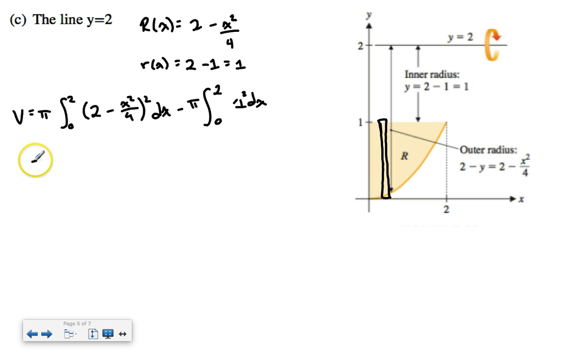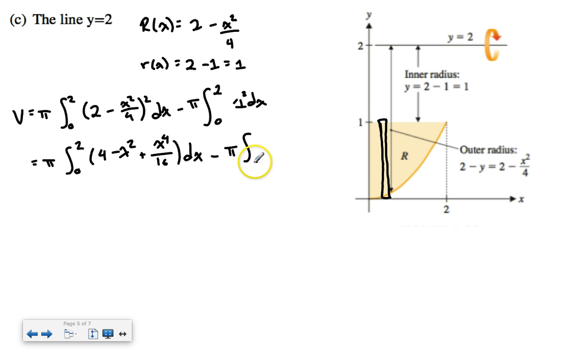All right, so let's deal with the unfortunate part, the first integral. It'll be from 0 to 2 of, when I FOIL this out, 4 minus x squared plus x to the 4th over 16 dx, minus pi times the integral 0 to 2 of 1 dx.